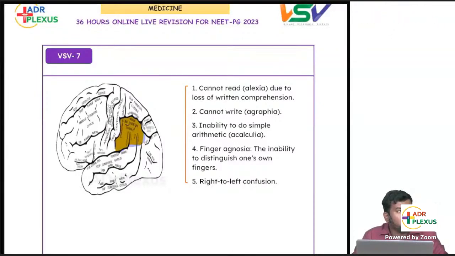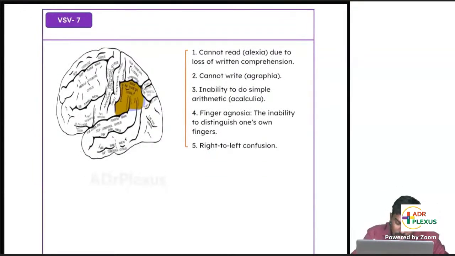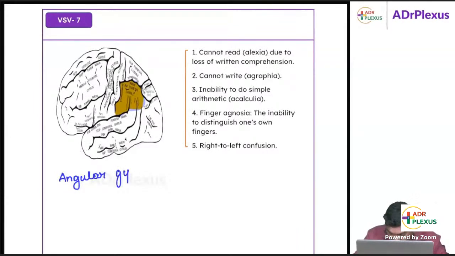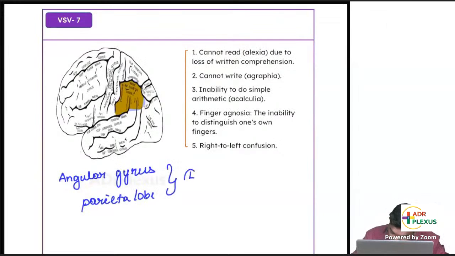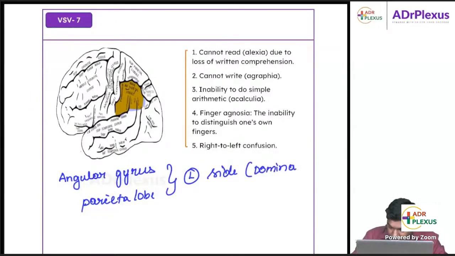This area is the angular gyrus in the parietal lobe. And this parietal lobe is going to be on the left side. Imagine in this picture it is on the left side, and it is going to be the dominant hemisphere.